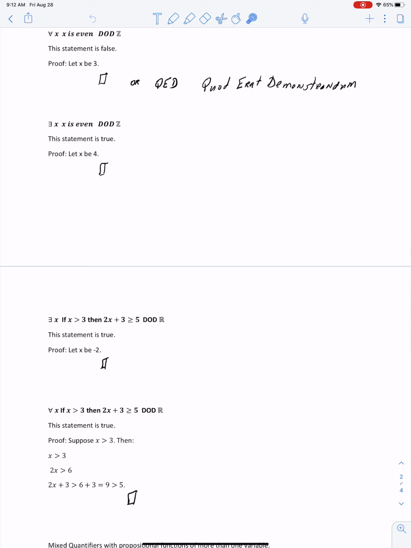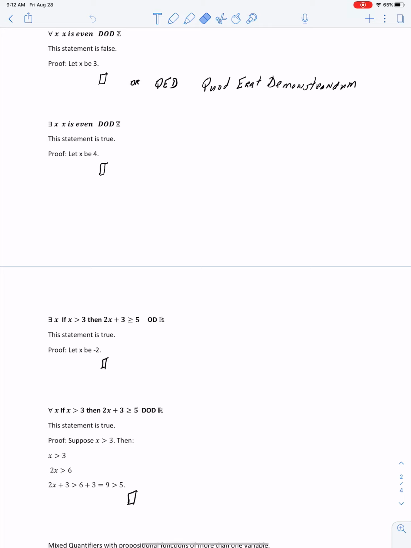All right. Now we're going to see how it works for a conditional statement. So here's an existentially quantified conditional statement. It says, there exists an x such that, if x is greater than 3, then 2x plus 3 is greater than or equal to 5.